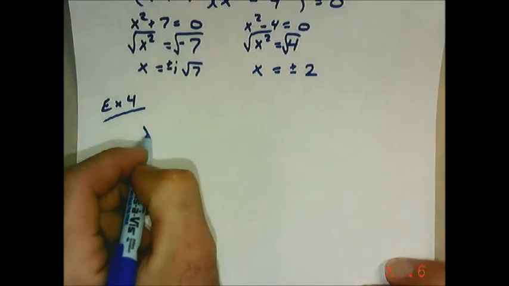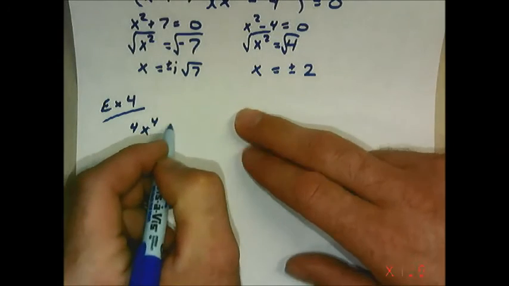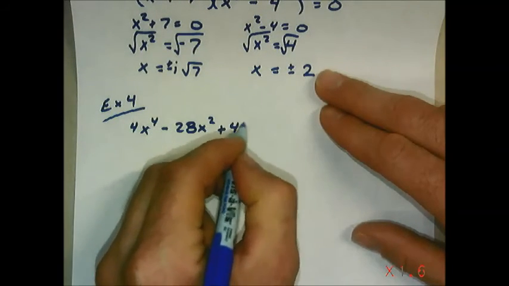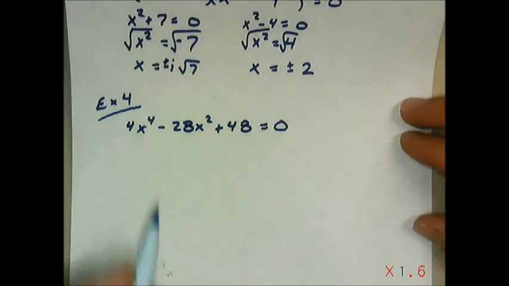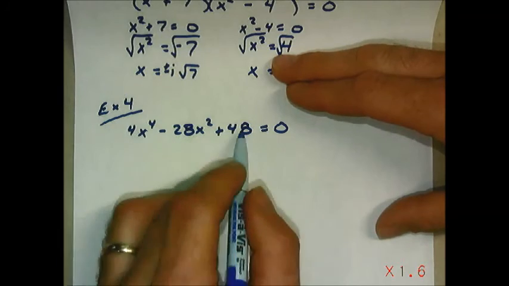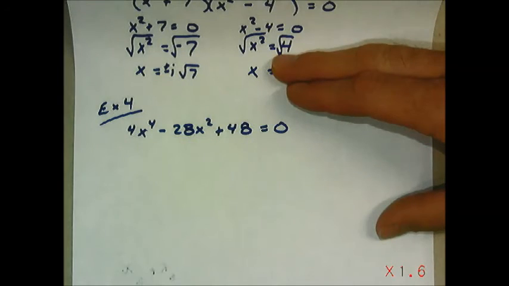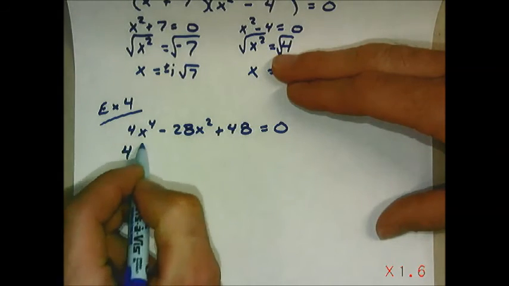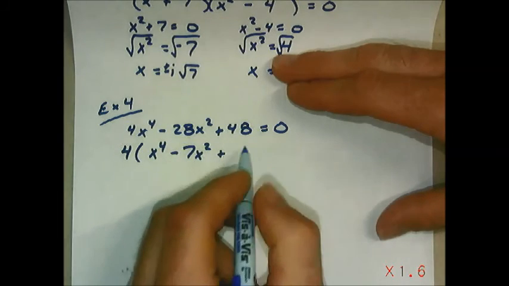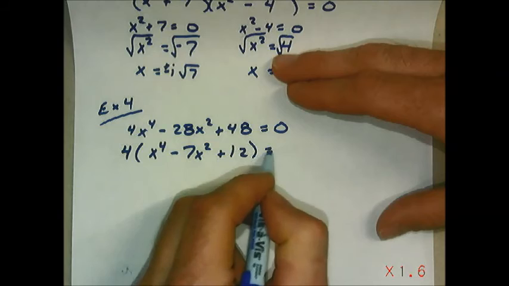And let's look at our 4x to the 4th minus 28x squared plus 48 equal to 0. Here, remember, I can take out a GCF, or common factor, which is 4. So we get x to the 4th minus 7x squared plus 12 equal to 0.